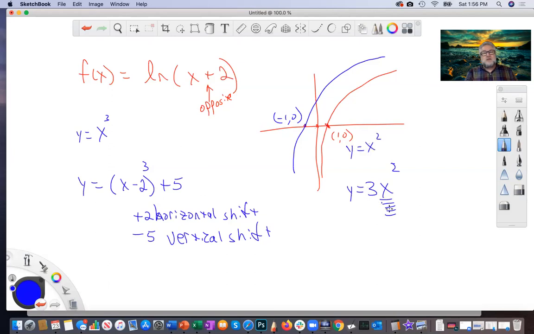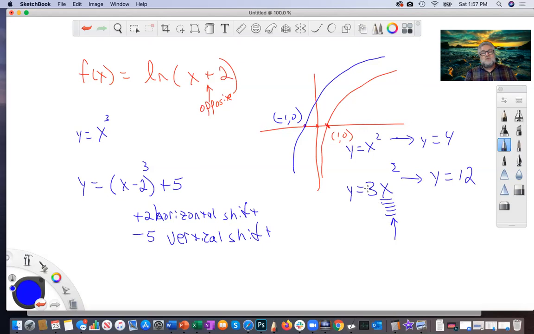But what's the 3 going to do to the answer that comes out of x squared? So if I put 2 in here, 2 squared is 4. That's what we'd normally expect. Here we go. 2 squared is 4 times 3 is 12. So here I would have gotten y equals 4, but here I'm going to get y equals 12.